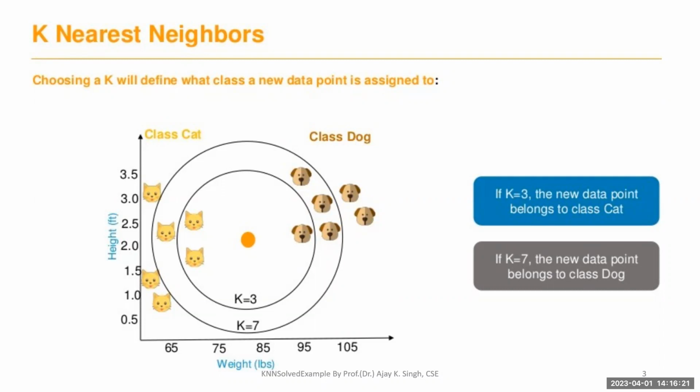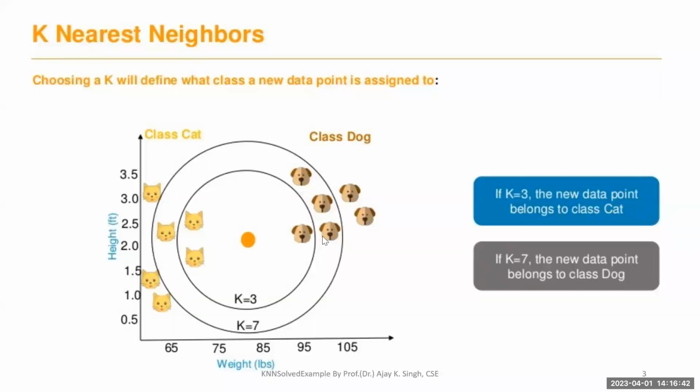So 2 multiplied by 3 is 6. With 6 also we cannot identify accurately. Why? Because 3 of them may be cat and 3 of them dog. In that case also we will have a tie.